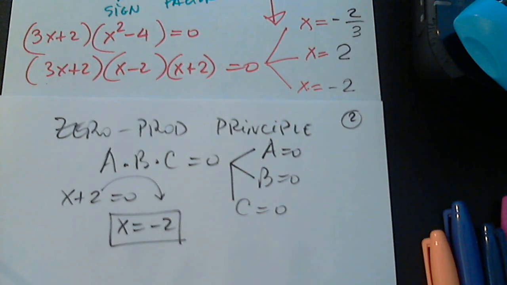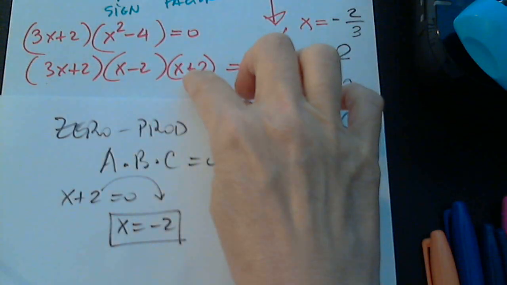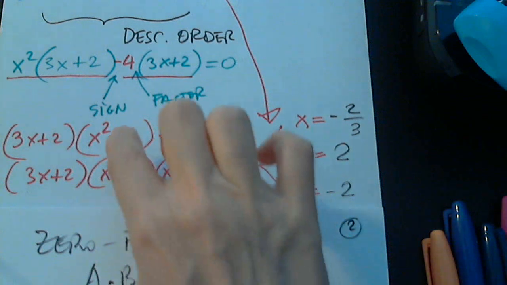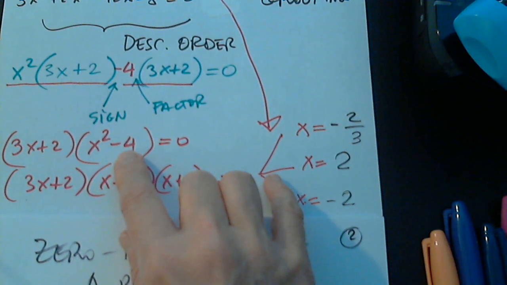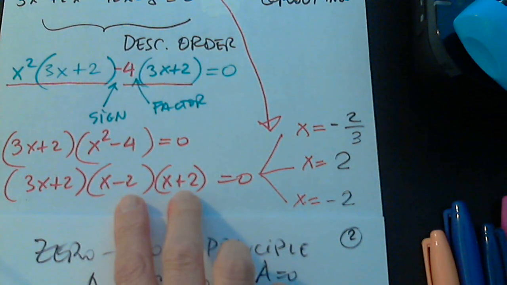Yes. Professor, I have a question. Please. On the second line, x squared minus 4, above it, x squared, can you explain how to get minus and plus at the bottom? Here? Yes. Perfect.